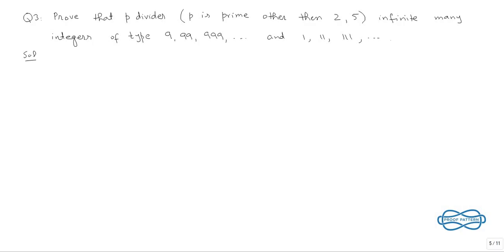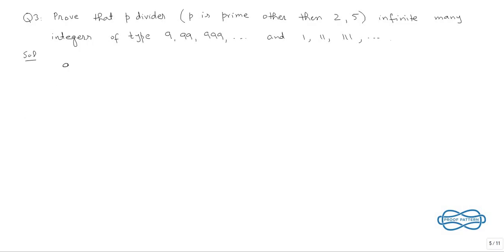The statement shows that it is not necessary that every integer of this type is divisible by p, but infinitely many integers of this type will be divisible by p. Not all, but infinitely many.